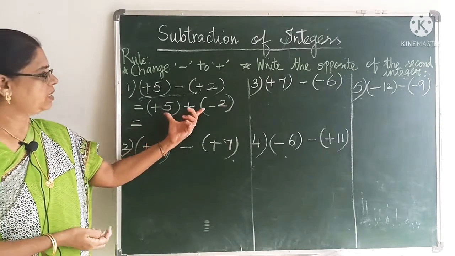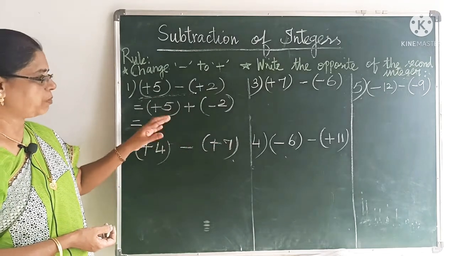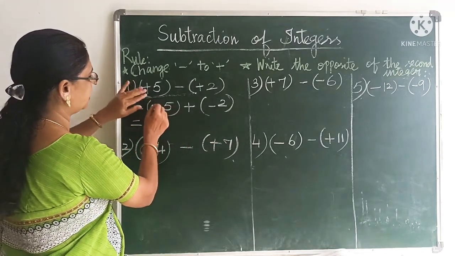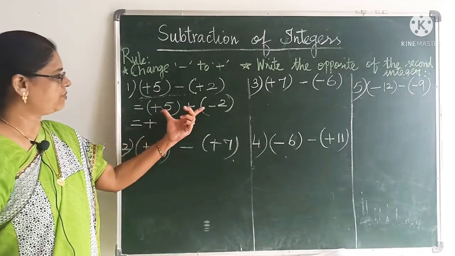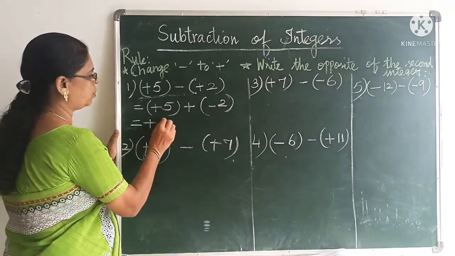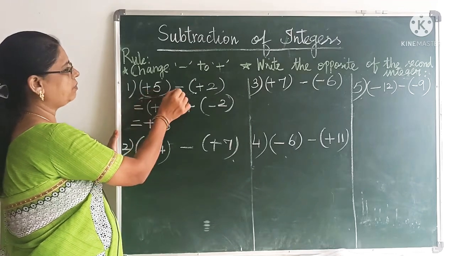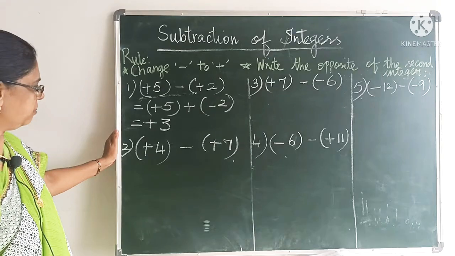How will you add these two integers with different signs? First, put the sign of the greater integer. The greater integer has plus sign, so put plus. And then find out the difference between 5 and 2. The difference between 5 and 2 is 3. So, plus 5 minus plus 2 is equal to plus 3.